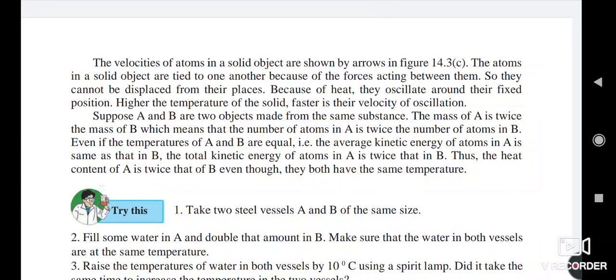The mass of A is twice the mass of B, which means the number of atoms in A is twice the number of atoms in B. Even if the temperatures of A and B are equal, the average kinetic energy of an atom in A is the same as that in B. The total kinetic energy of atoms in A is twice that in B. Thus, the heat content of A is twice that of B, even though they both have the same temperature, because the mass of A is double that of B.